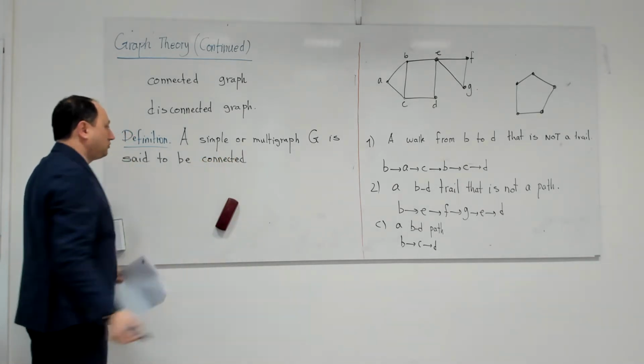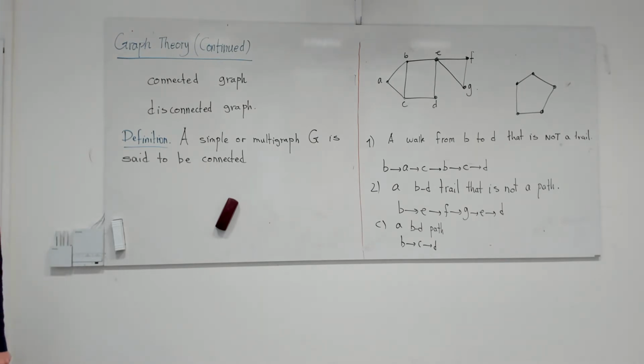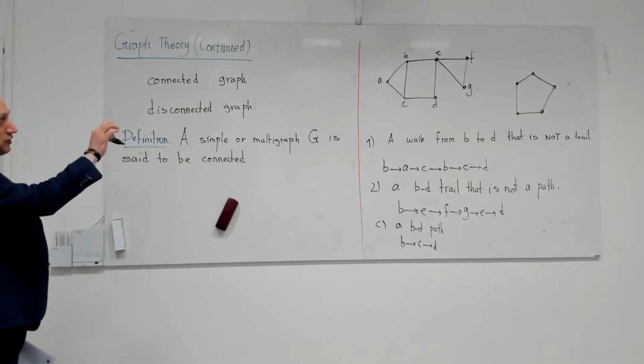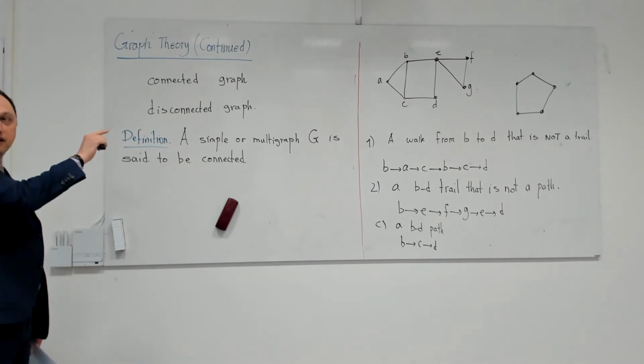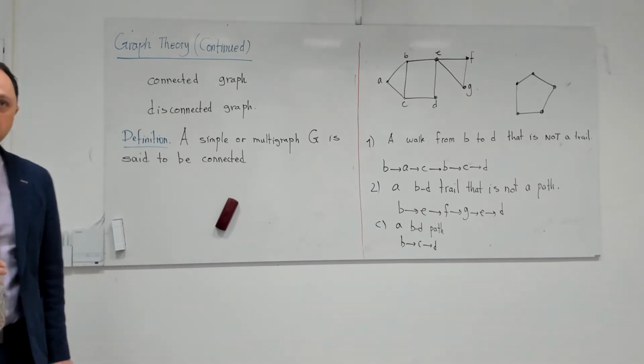So what is the meaning of being connected? It means it's one single piece, somehow. If you want to define it mathematically, it means that if you start from any point, there is at least a path that takes you from that point to any other point. If that is the case, we say the graph is connected.